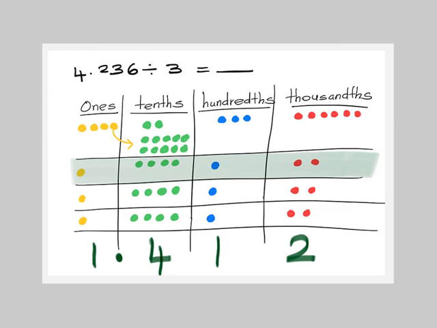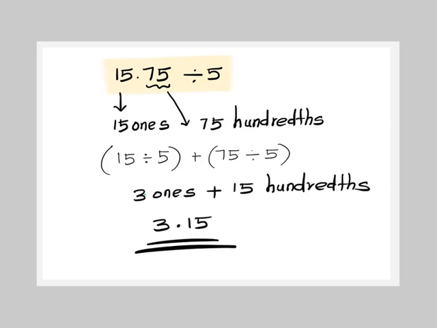This is a similar problem, just go through it. 15.75 divided by 5. 15 ones and 75 hundredths.